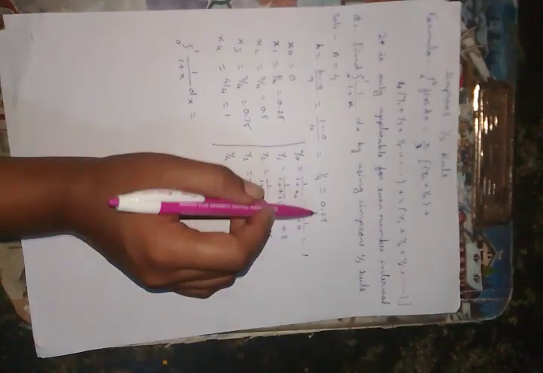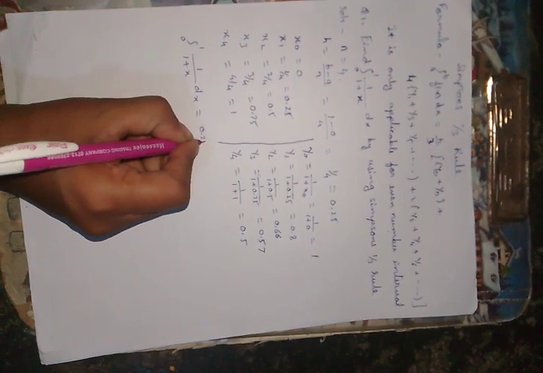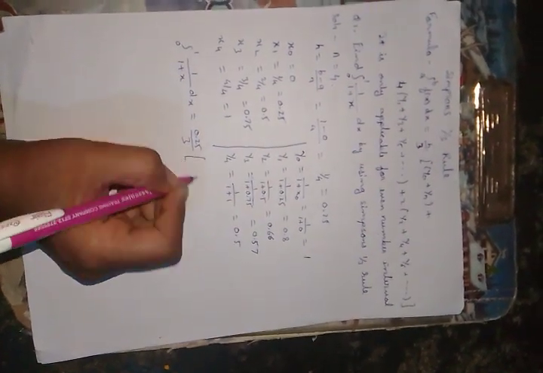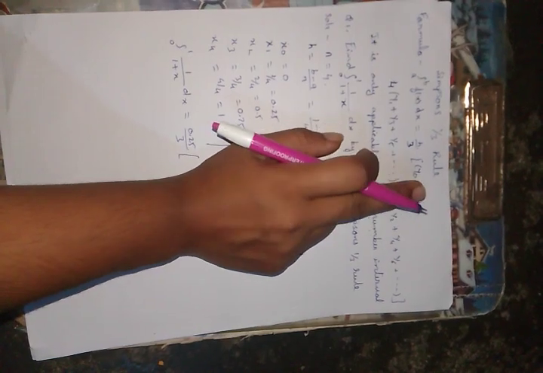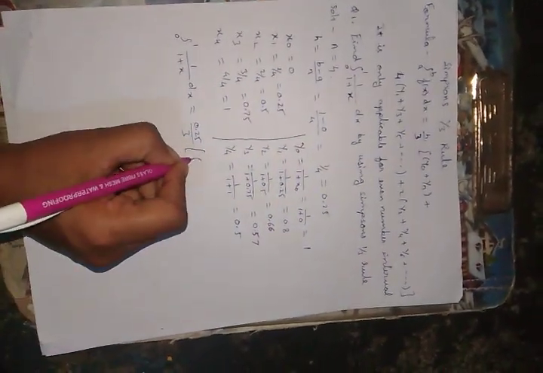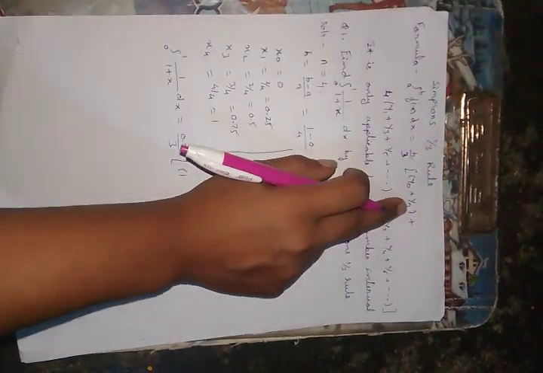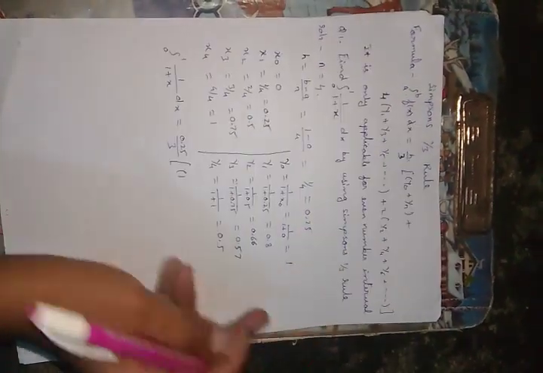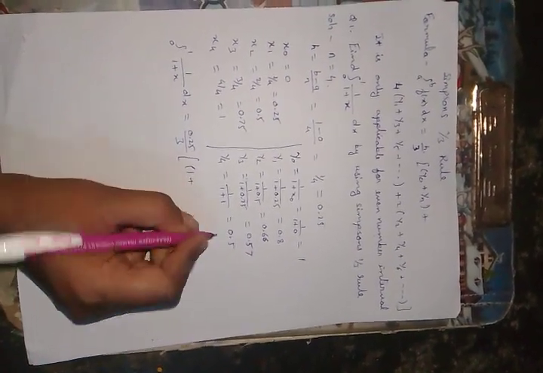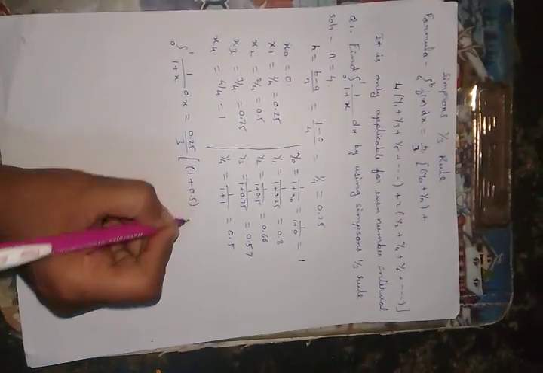The h value is 0.25, so 0.25 upon 3, and then bracket open, y0 is the initial value, which is 1, and yn is the last, final value, which is 0.5.